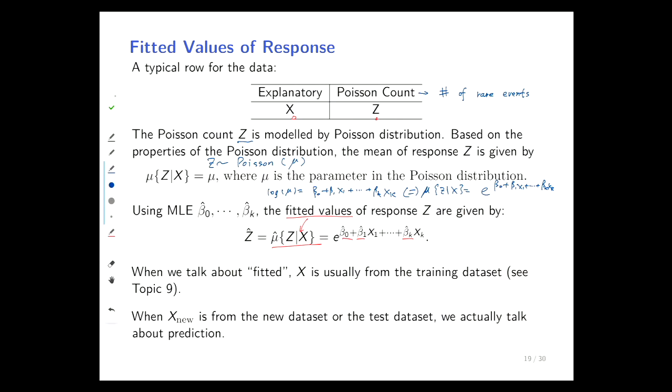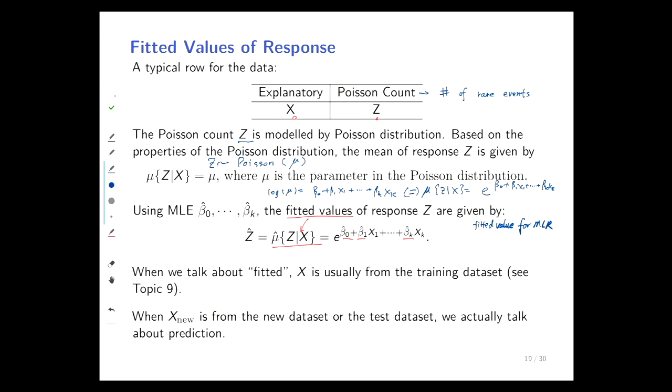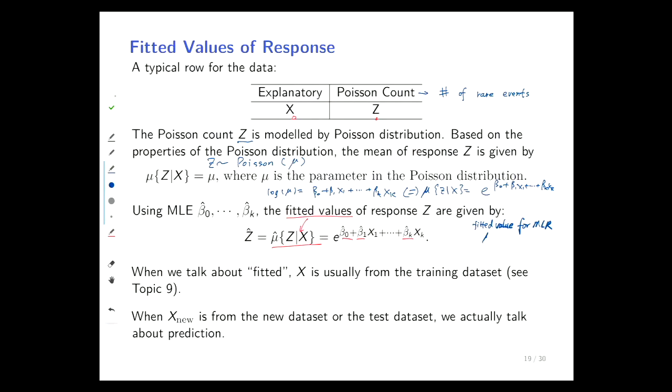If we look at the fitted value for the multiple linear regression model, what's the multiple linear regression model? That's mu y given x equals beta 0 plus beta 1 x1 plus so on and so forth plus beta k xk.